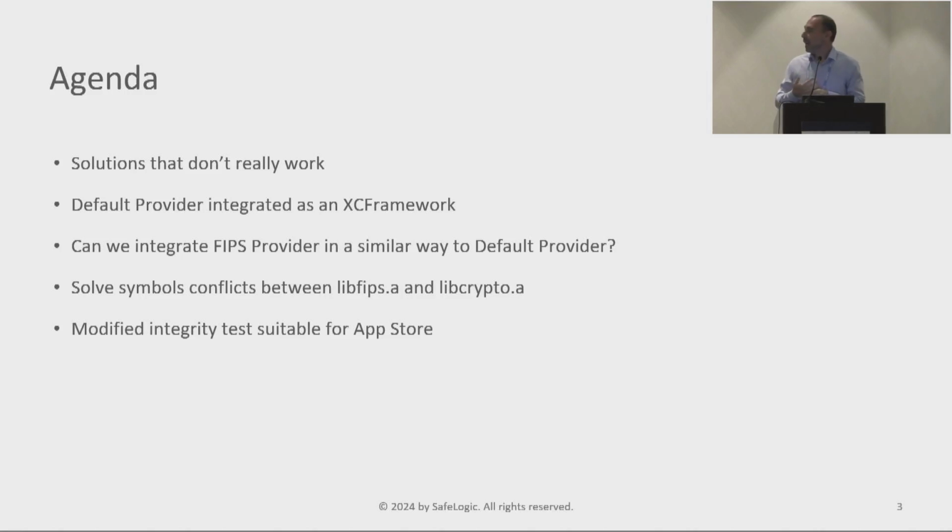But I wanted to give you a recap, so at least you will know that it doesn't work to follow that path. And then I'll try to build over the default provider and show how some solutions can actually lead us to a way where we can eventually build a FIPS provider running on iOS, with happy customers deploying it with their application to the Apple Store.